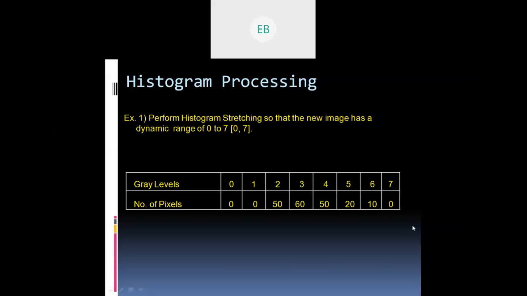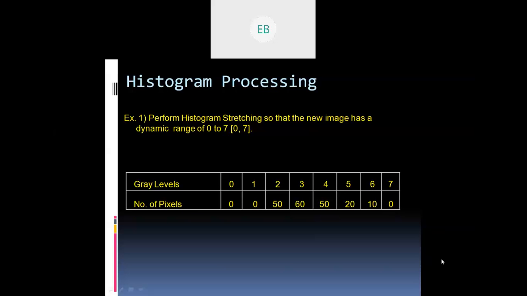We are given the number of pixels and gray levels. We have 8 gray levels, that is 0 to 7, and the number of pixels for each gray level is different.